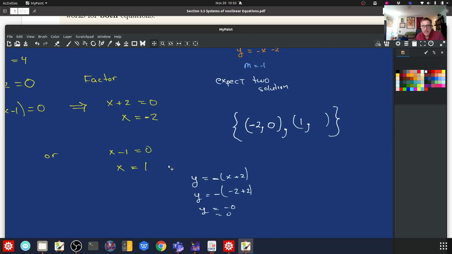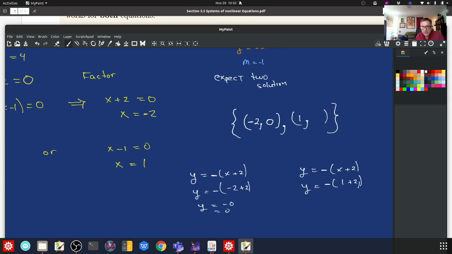Over here, again, y is equal to minus x plus 2. Y is equal to minus 1 plus 2. So that's y is equal to minus 3.